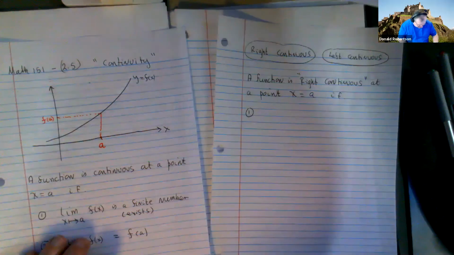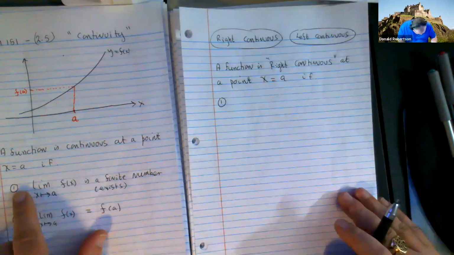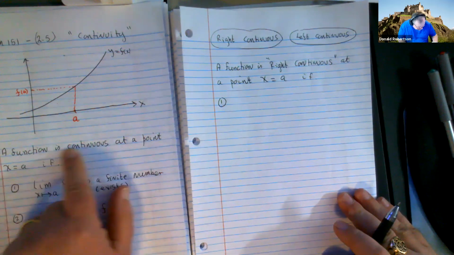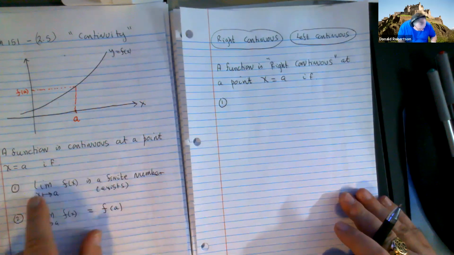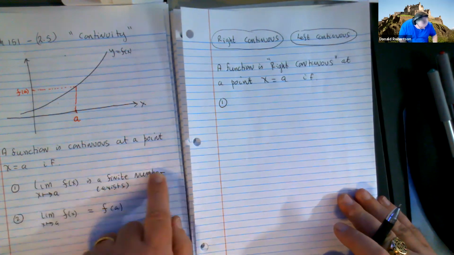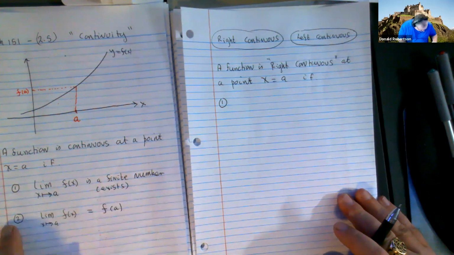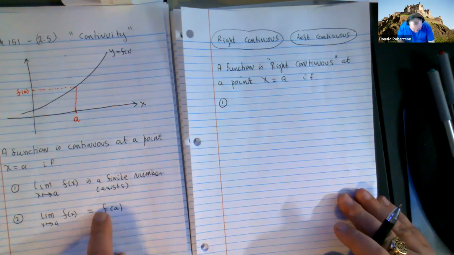And where's my other guy before I write this down? I want to show you by just putting it back on the screen here. There's that guy. A function is continuous at a point x equals a if the overall limit is a finite number and exists, and secondly, if the overall limit is equal to f of a.